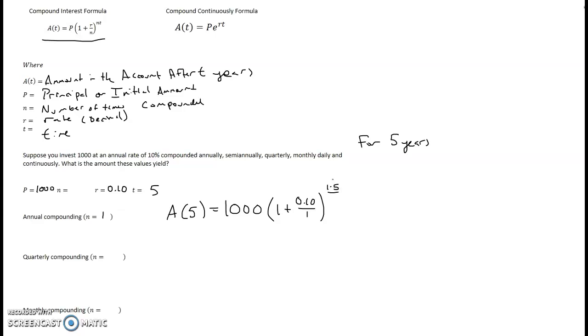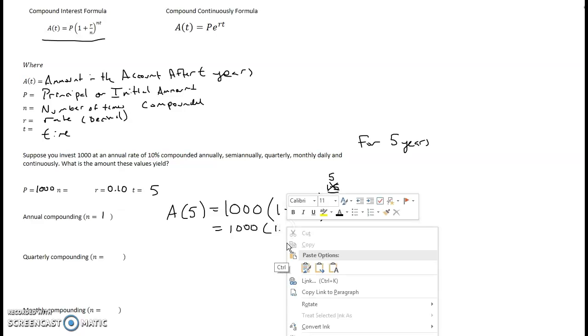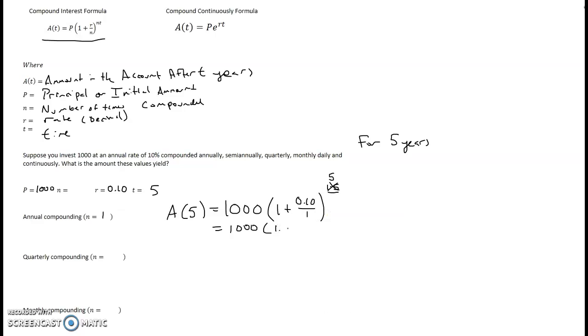So 1 times 5, this is just 5. And then we can work this out. It's going to be 1,000 times 1 plus 0.10 is 1.10 raised to the 5th power.